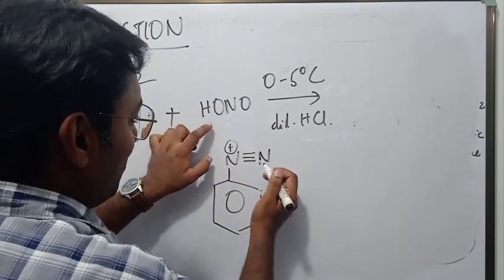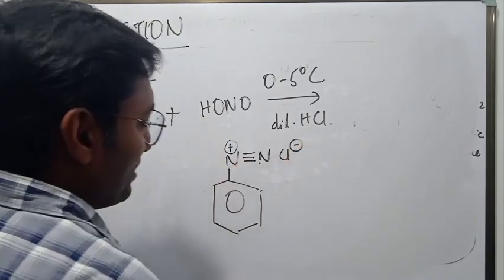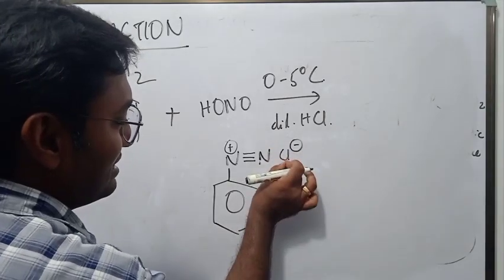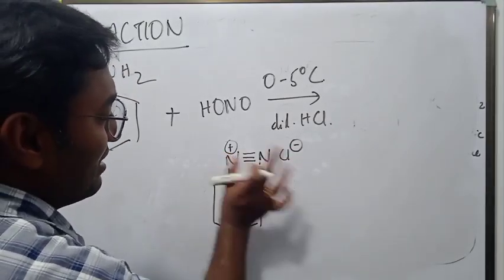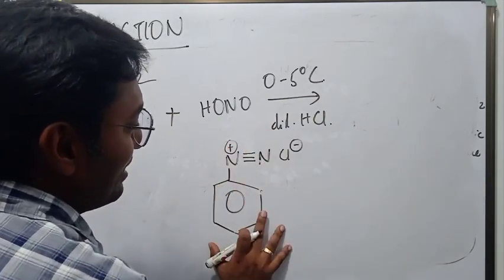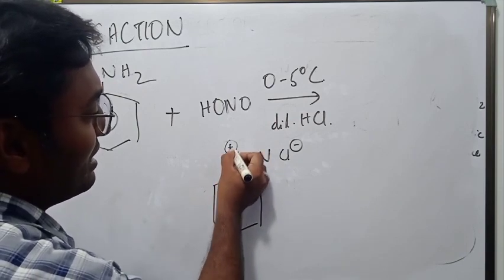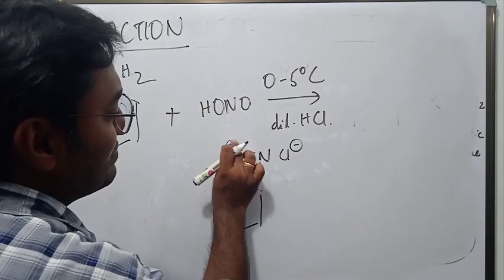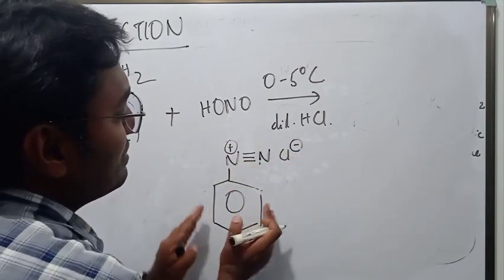Now just write Cl minus here. There is no bond between this nitrogen and this Cl. This Cl minus is closely associated with the positive sign here. So that is benzene diazonium chloride. I hope you understood how this nitrogen got the positive sign. It lost its lone pair to this nitrogen and that's how the positive sign came here. And Cl minus is just in close association with this diazo salt.